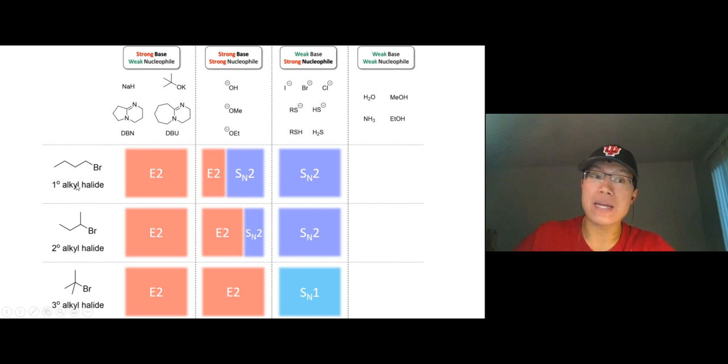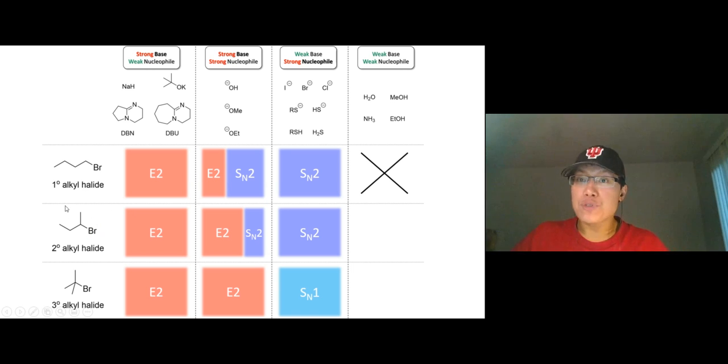Primary alkyl halide is not stable enough to do it. No reaction. Secondary is stable enough to do SN1 and E1, but practically it gives you such a low yield. Practically, it doesn't do it. Tertiary, that's a good substrate for carbocation, right? So it's stable enough to form a carbocation.